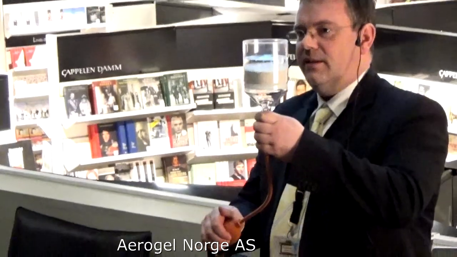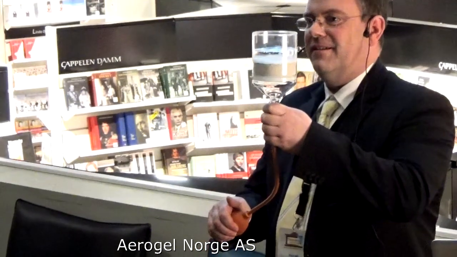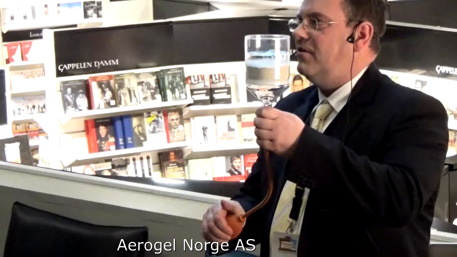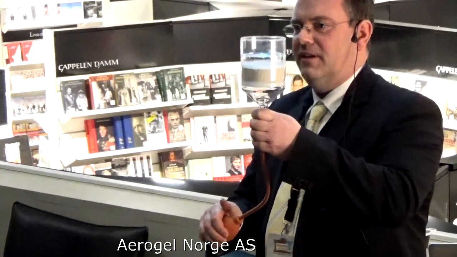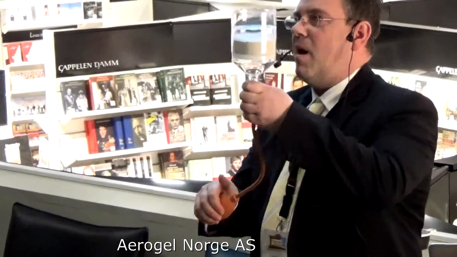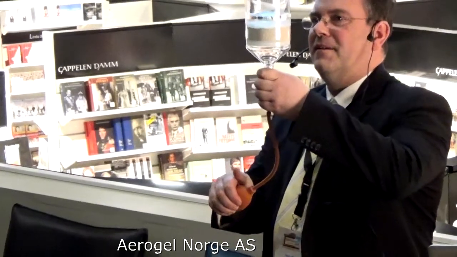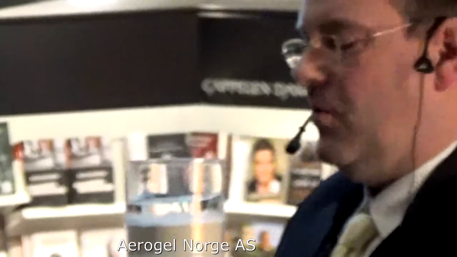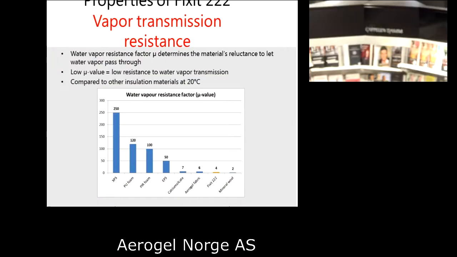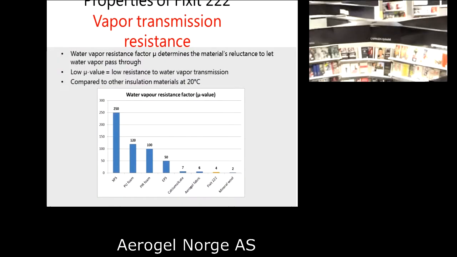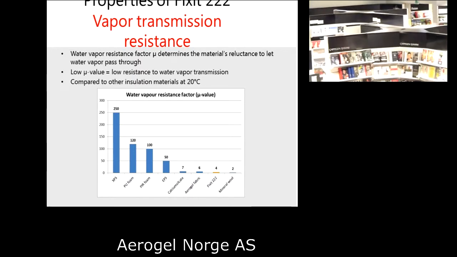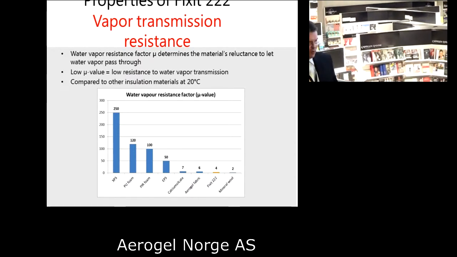And now we can see here with a little bit of air, the air goes through very easily. Can you see the bubbles here? So I don't want to press too much. Okay, so this is a small experiment to show you how it works and that it's not vapor tight.